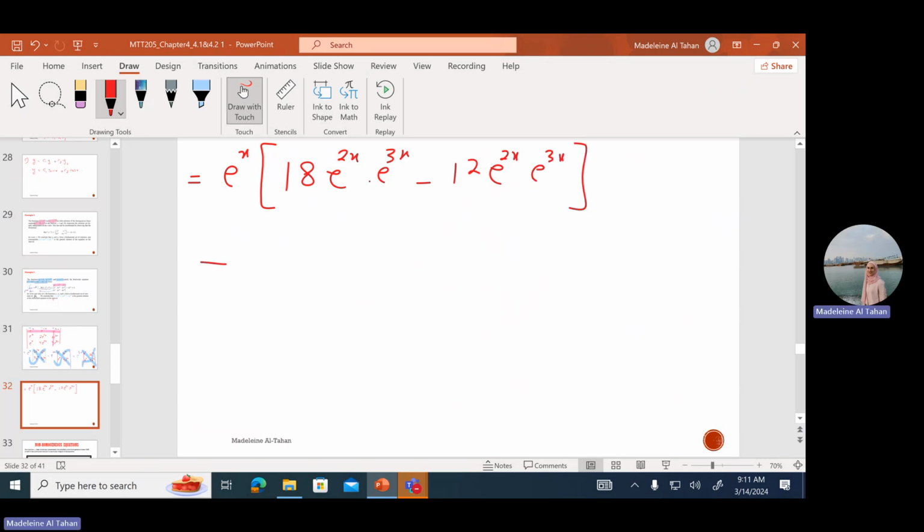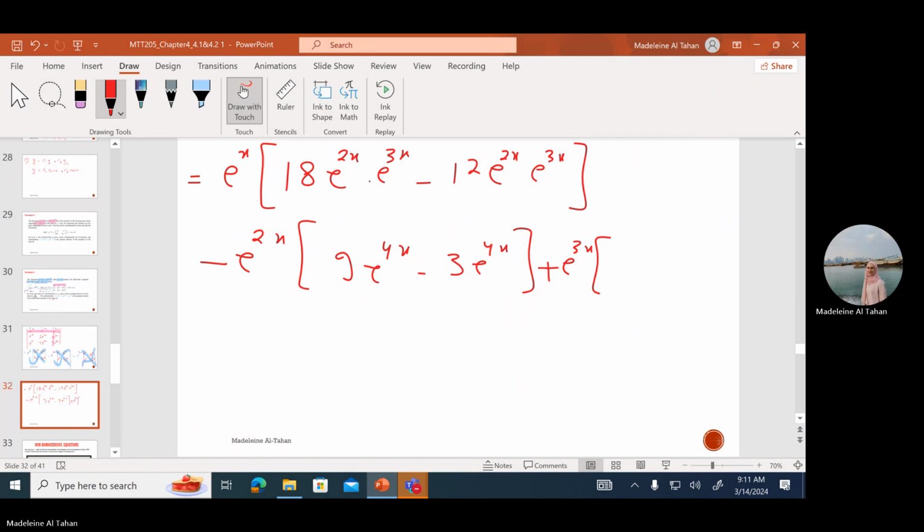Okay, the second one, minus e^2x, 9e^4x minus 3e^4x. And the last one plus e^3x, 4e^3x minus 2e^3x. Now, how did we get the 3x and 4x here?